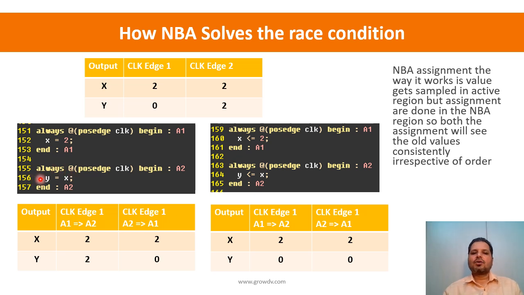Whereas if y equal to x gets executed first, then y will end up sampling the previous value. In the case of non-blocking assignment, we just sample, and the actual assignment gets scheduled only in the NBA region, so we will always sample the older value. That's how the NBA region concept solves the race issue that we were seeing in the previous slide.